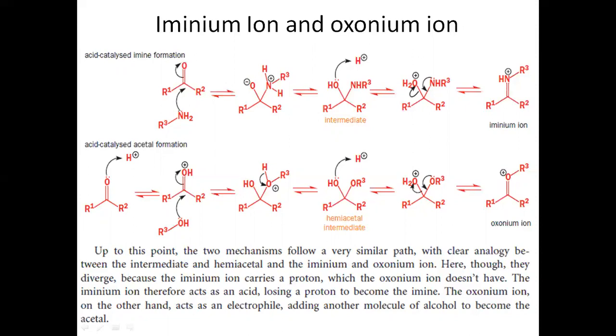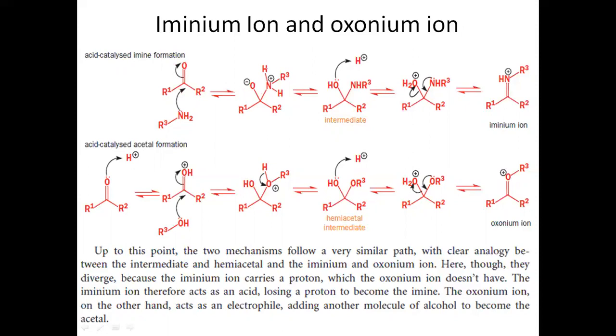So when this attack happens, naturally there is the formation of a new bond between this carbon and the nitrogen. As you can see here, the pi electrons shift onto the oxygen, making it O minus, and in the process nitrogen acquires the positive charge.